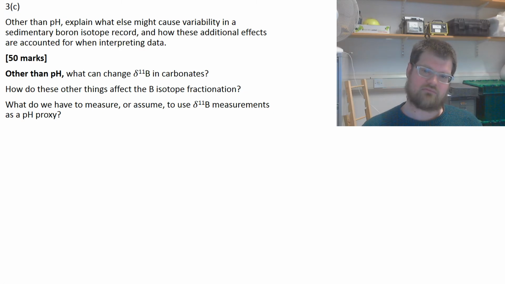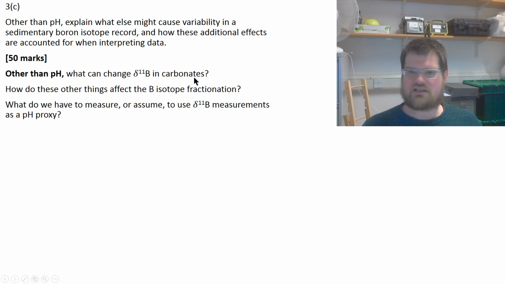So when you then go on to write your answer, which explains why pH is a control on the boron isotope ratio, that doesn't answer the question. That is specifically not what the question is asking. Okay, so you need to think about, other than pH, what are the other parameters that can kind of vary in the ocean or vary in the rock record that can affect the boron isotopes preserved in our carbonates? Okay.